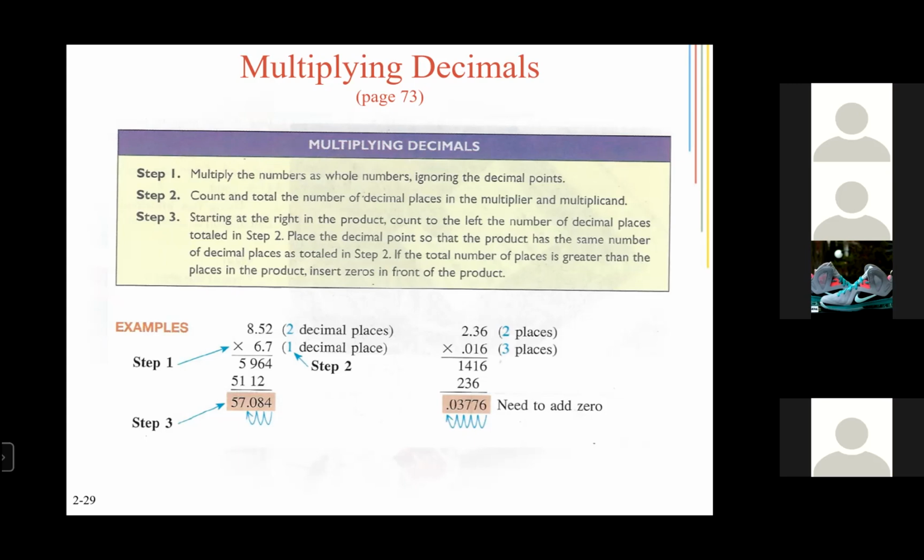Of course, with the calculator, you don't need to follow that, but in case your calculator doesn't work or you have to do it manually, then you know how to determine where to put the point for your result.